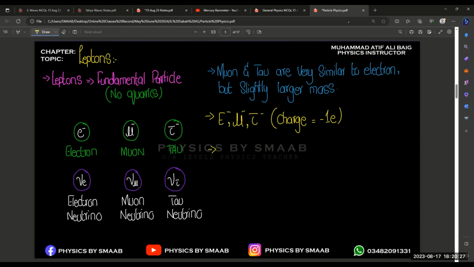And some more properties: leptons interact with the weak interaction.